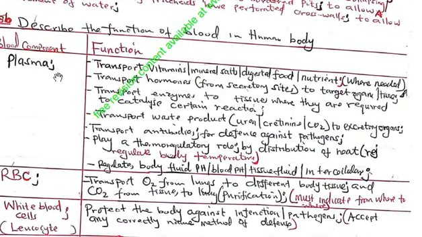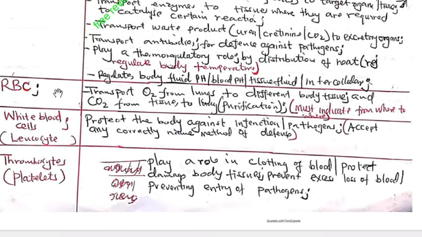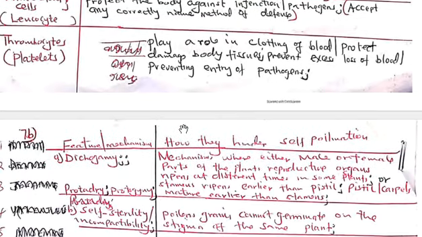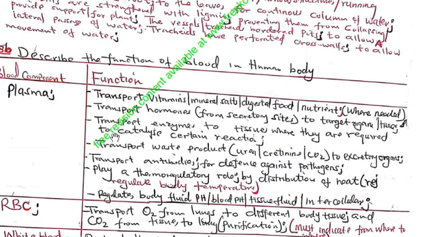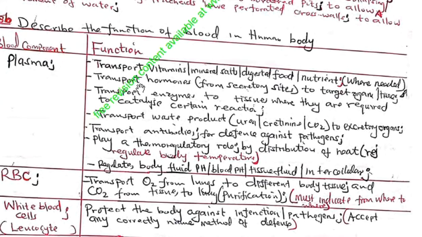You draw a table, the blood component and the function. And before we talk about the function of blood components, we have plasma, red blood cells, white blood cells, and thrombocytes. Those are the components of blood. Let's start with plasma. And the function transports vitamins, mineral salts, digested food, nutrients to where they are needed.